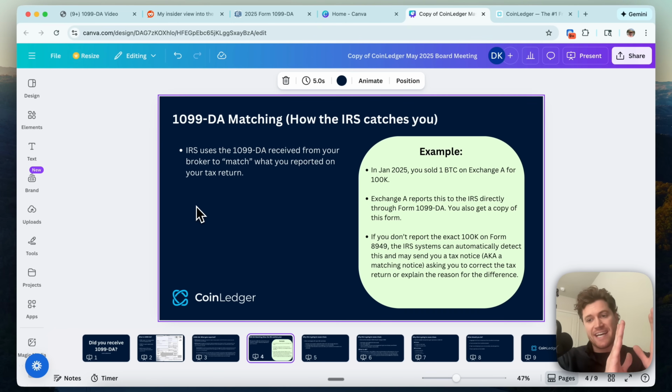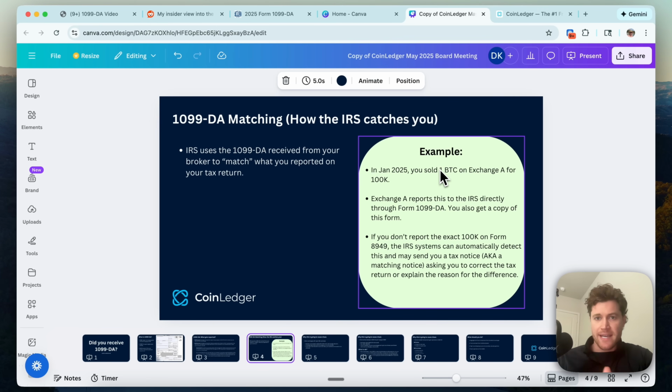And then they use that 1099 to match what you report on your tax return whenever you ultimately file your taxes. They have a system that looks to match: this 1099 that we got on behalf of David from Coinbase, does it match what David reported on his tax return? If it doesn't, we're going to send David an automated notice saying, hey, why is this discrepancy? Explain it to us or correct it.